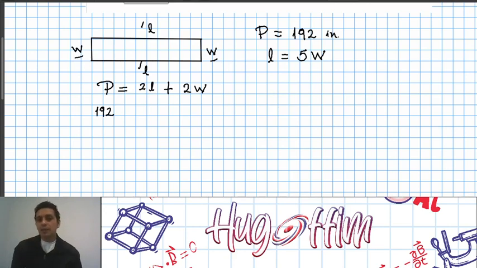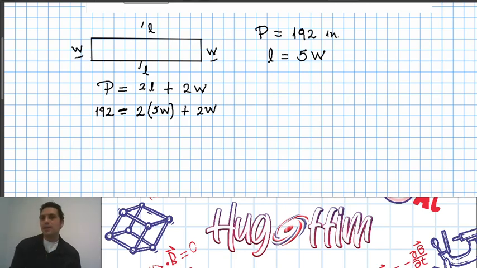You need to be careful when you use units. Try to keep everything in the same units and you will be fine. So that will be 2 times the length, but we established already that the length is 5 times its width. So 2 times (5W) plus 2W.